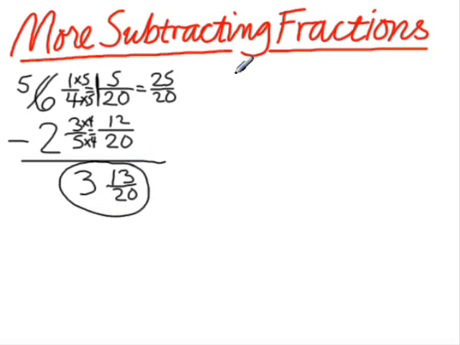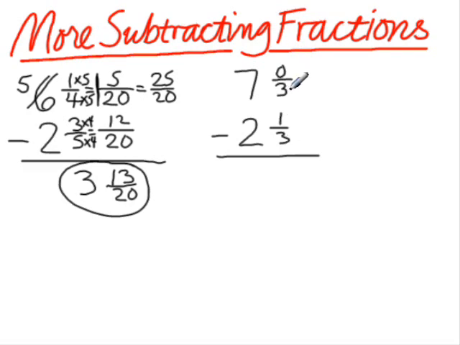Sometimes we have a problem that looks like this. We have a whole number minus a whole number and a fraction. A whole number minus a mixed number. There's no fraction here. We can write in 0/3 because, in fact, there are 0/3 there.